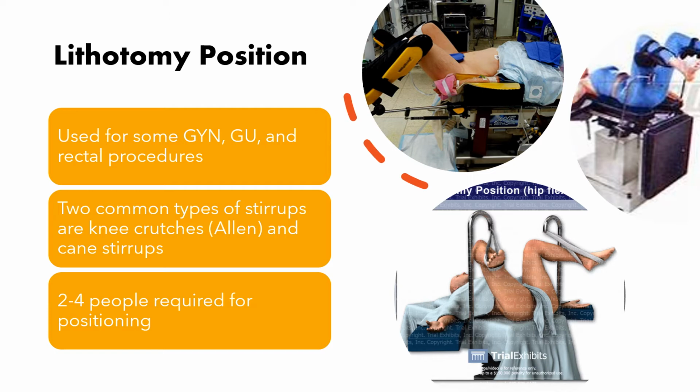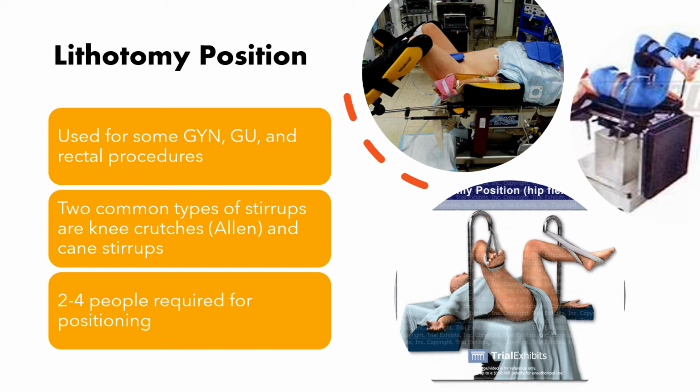So, when do we use the lithotomy position? The lithotomy position is used for some GYN, genitourinary, and rectal procedures. Such procedures like a D&C, vaginal hysterectomy, Bartholin's cyst, cystoscopy, bladder biopsy, transurethral resection of the prostate, potentially sigmoidoscopies, hemorrhoidectomies.